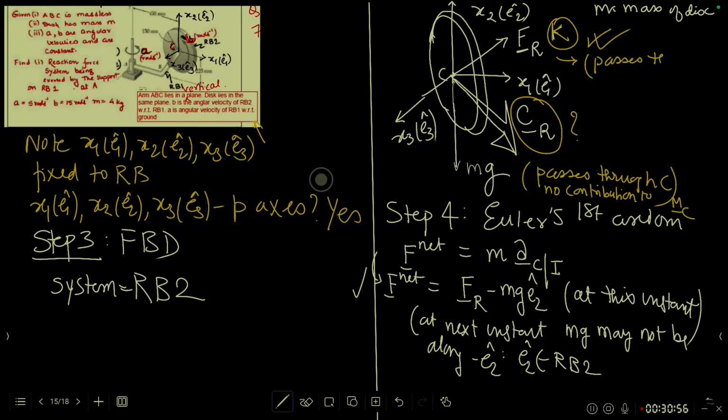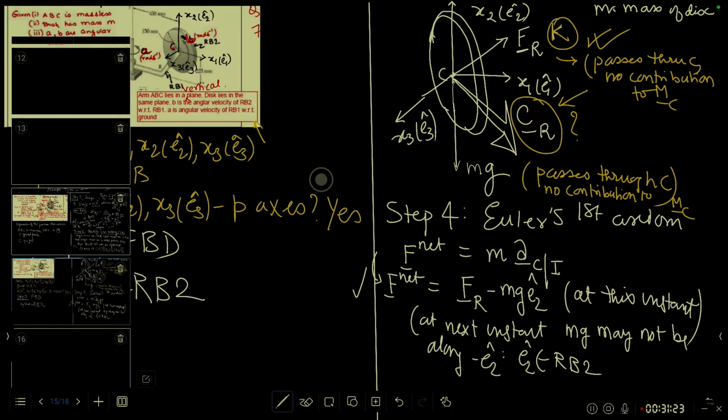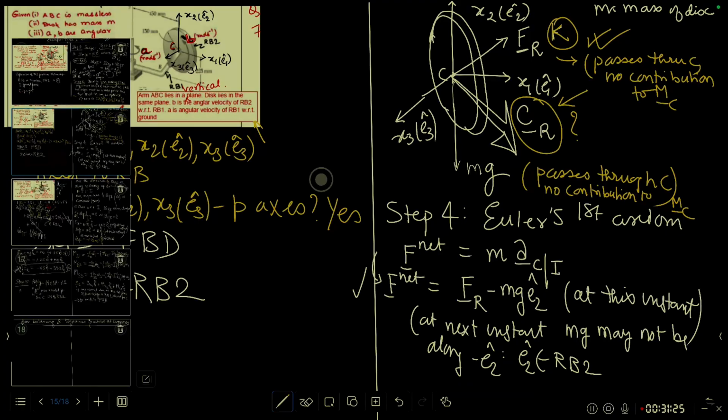You are left only with one non-zero contribution, and that is the CR itself. CR is the net moment of the external system about point C. That's all. And that is the unknown. So we are going to get an equation for CR directly. MC is nothing but CR.